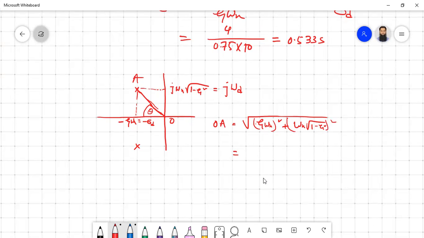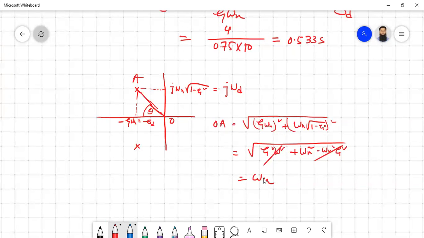So basically what we get here is zeta square omega n square plus omega n square minus omega n square zeta square. So this parameter cancels out. What is left is omega n. So you can easily say that this length is nothing but omega n.